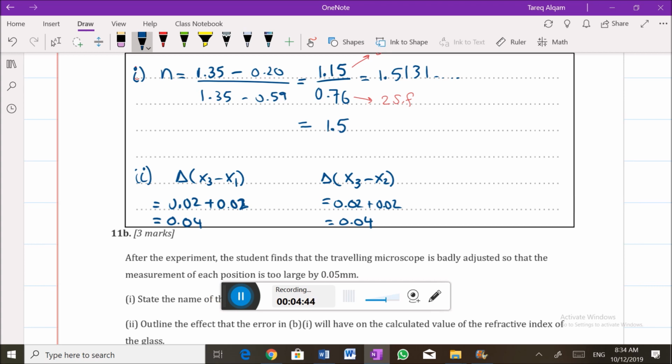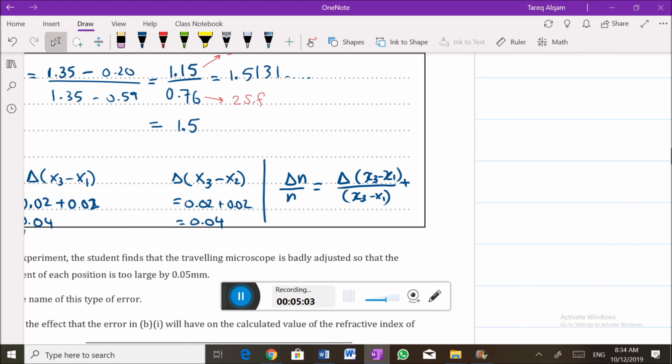Now let's do the uncertainty for division. Delta n over n equals delta x3 minus x1 over x3 minus x1 plus delta x3 minus x2 over x3 minus x2. I think you remember this. This is our fractional uncertainty.